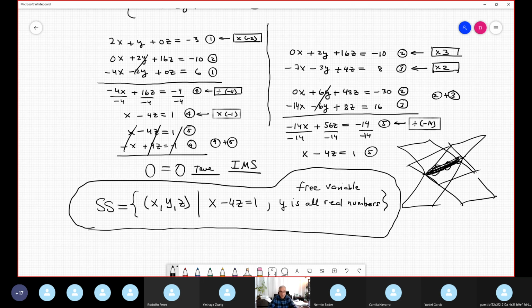Okay, algebraically you see the y does not participate, and geometrically you see that it is a line, and the line represents one geometrical object in one dimension. That is, 0 dimension is a point, 1 dimension is the line, 2 dimensions is the plane, and 3 dimensions is the entire space, and so on. 4 dimensions, 5th dimension.